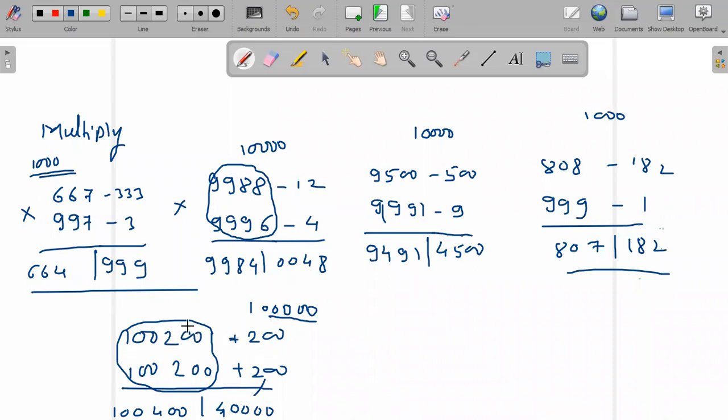Because base see 100,200. This number is little bigger than this one with 200. Okay, if we add these two, you will get this one. If we add base and 200, you will get this one. So base is this one again. Base is right. 1 lakh is the base.